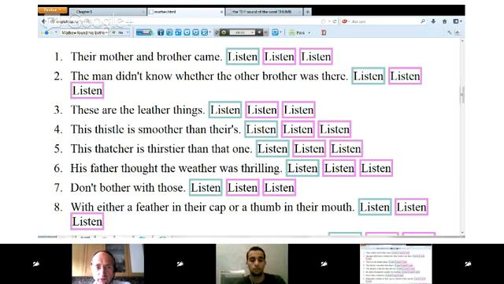But what is a thistle, Ahmad? What is it? What is a thistle? You might see it in a Scottish emblem. Does anybody know what a thistle is? It's prickly. Prickly thistle.